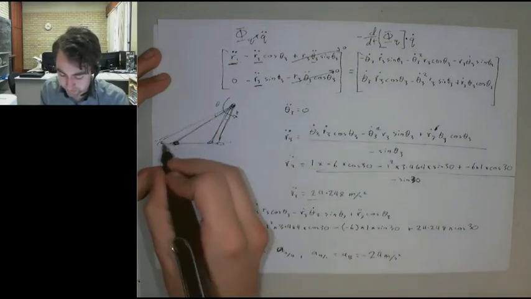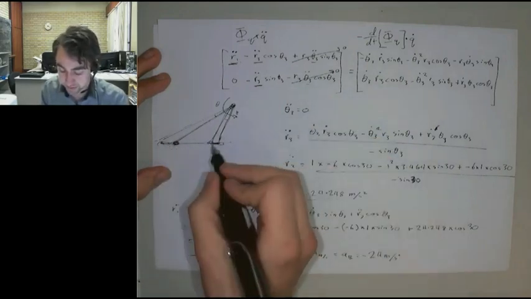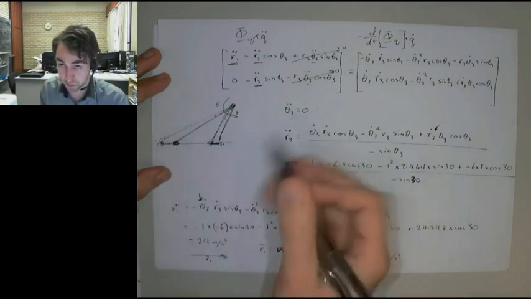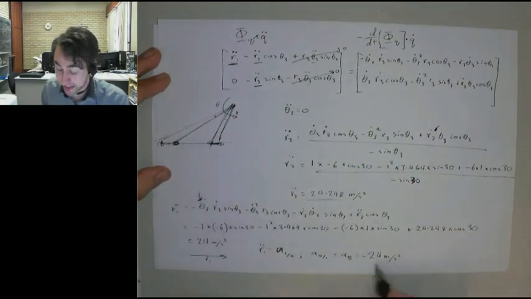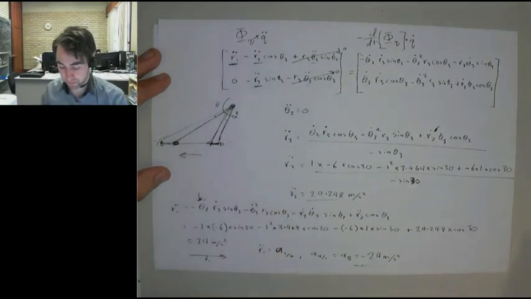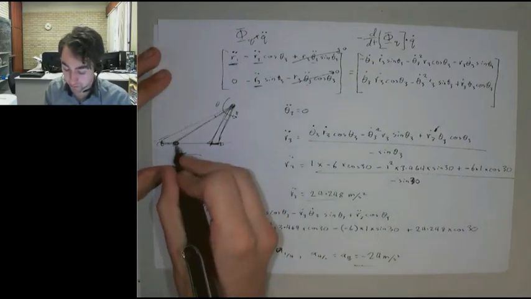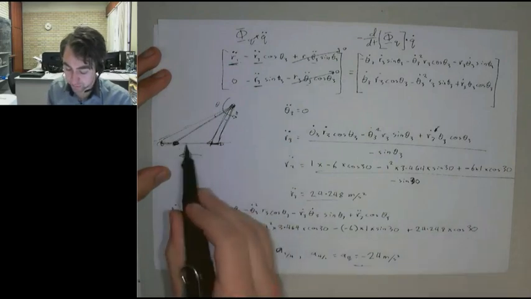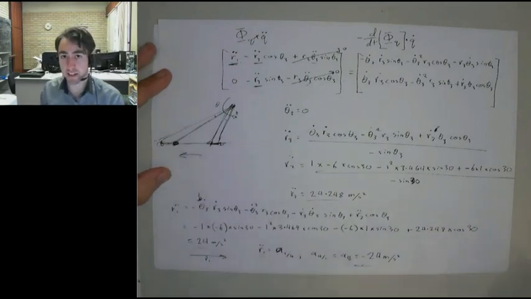But as it moves further, the distance travelled over the same amount of time is going to grow smaller and smaller, so our acceleration is going to be acting in the negative direction on the slider itself, whereas the acceleration of R1 is going to be acting in the positive direction.